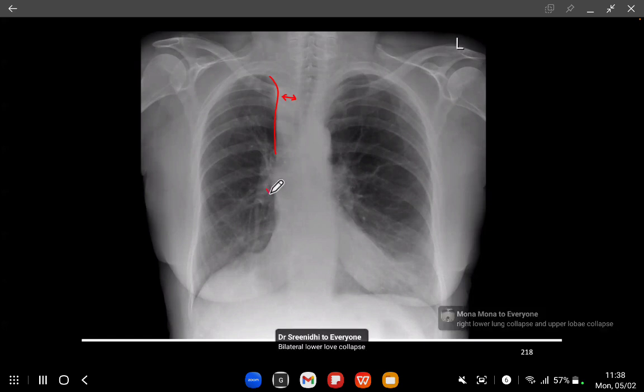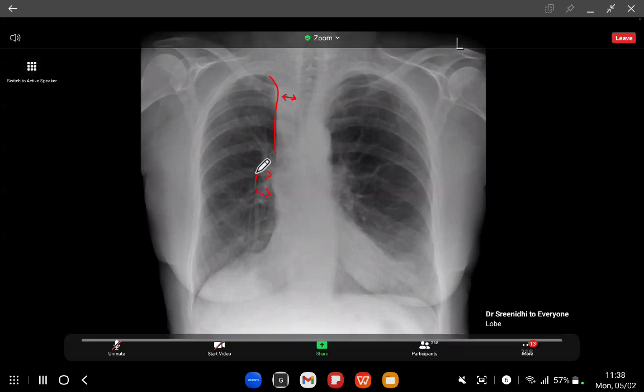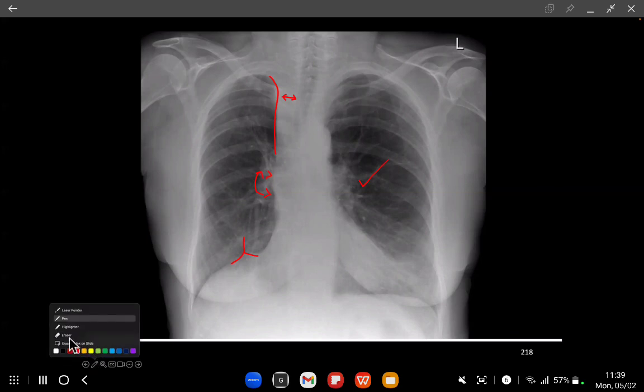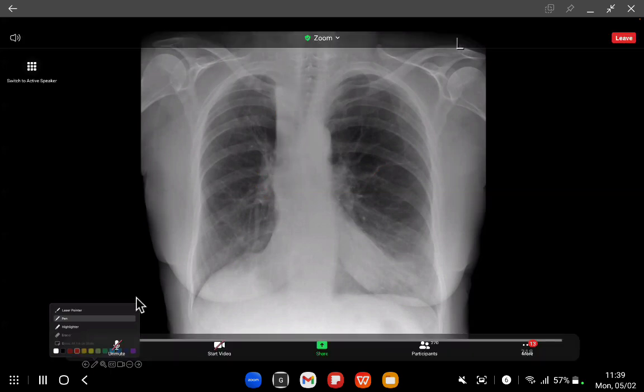So the hilum should be here, and now it's been pulled up to here. So there's been pulling up of the hilum, and the left hilum is okay. And somebody commented about a possible nodule here. Could be right, but note the tenting at the insertion of the inferior pulmonary ligament also. So this is a right upper lobe collapse, and it is causing a tight right upper lobe collapse, and it's due to an endobronchial tumor.